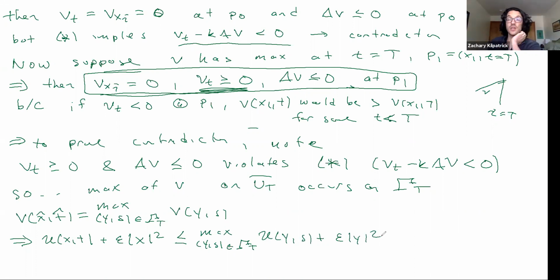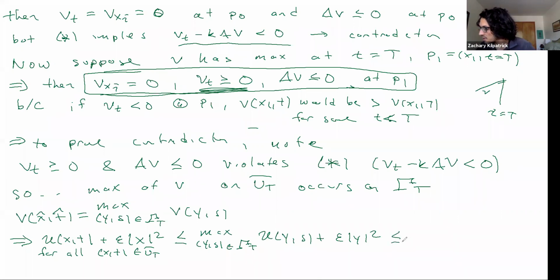This is me just substituting in the definition of V and saying that this is true for all x and t in the closure of u sub t, okay? So u of xt plus this small perturbation is upper bounded by the max on the boundary, okay? That's what we've shown by this series of two contradictions, okay?